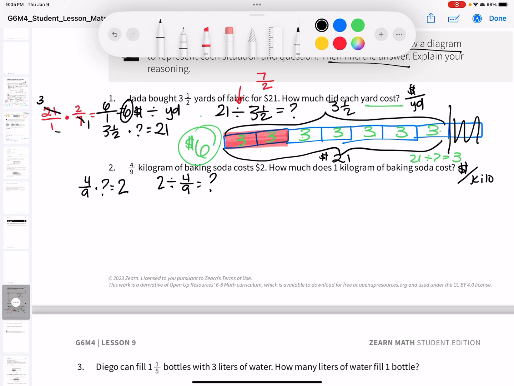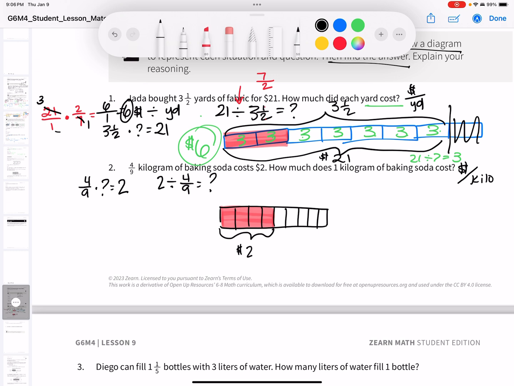So we're going to split this into 9. 1, 2, 3, 4, 5, 6, 7, 8, 9. Okay, so there are 9 pieces. But remember, 4/9 equals $2. So we have 1, 2, 3, 4 ninths, and that's worth $2, right?